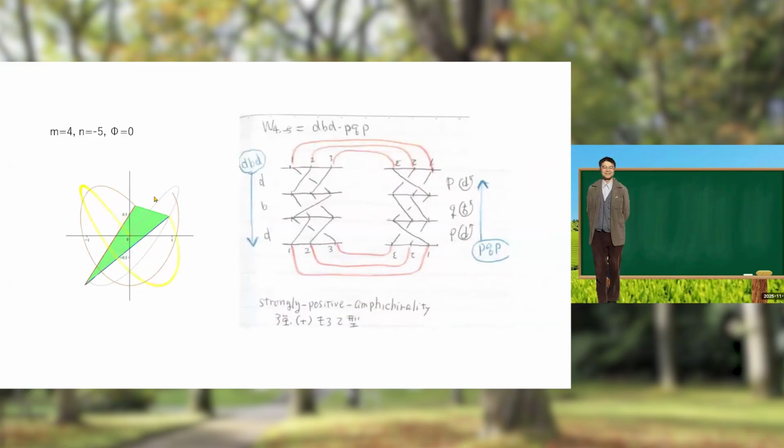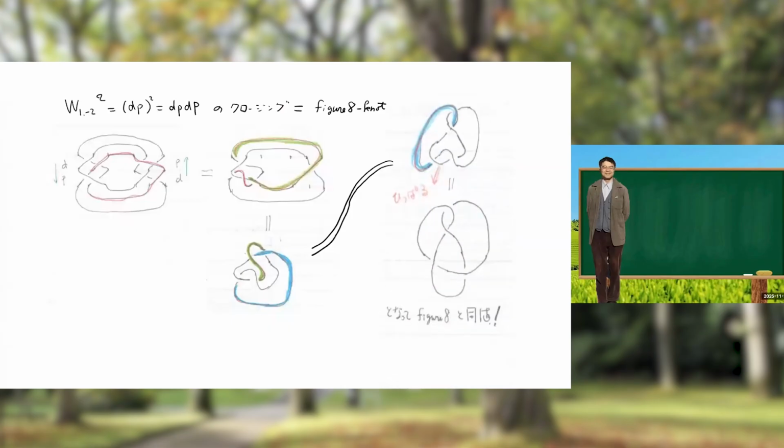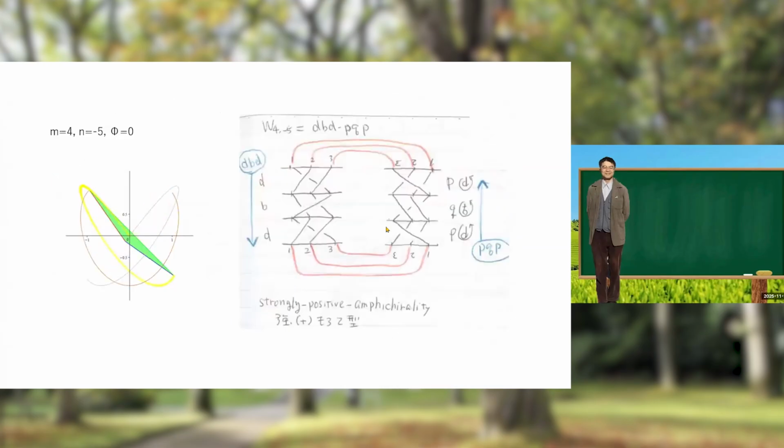And these two different classes exist. In the case of this one, the BDPQ word is like this, and we close the knot by connecting the corresponding strings. Then this gives a strongly positive amphicheiral knot.